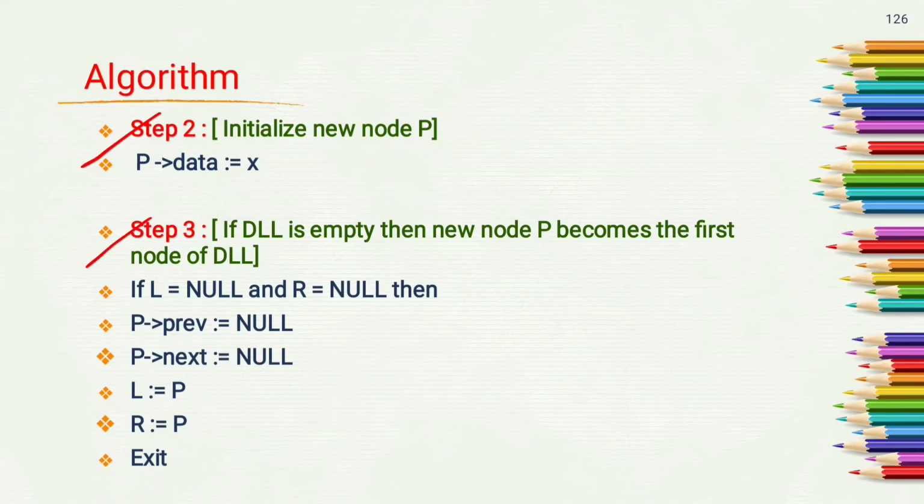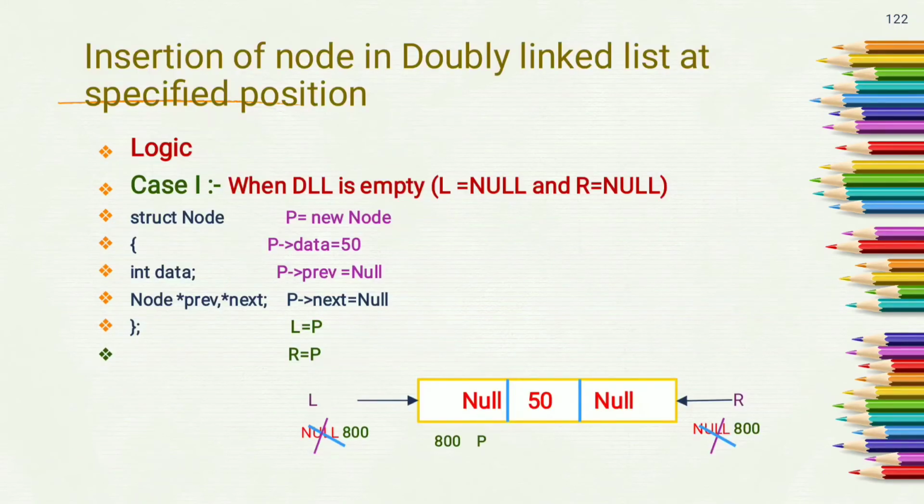In step 3, we check if the doubly linked list is empty, then the new node P becomes the first node of the doubly linked list. As we know, if L equals null and R equals null, then the doubly linked list is empty. So we have to store null into the previous pointer of P and null into the next pointer of P, update L and R pointers by P and exit from the algorithm as we saw in case 1.